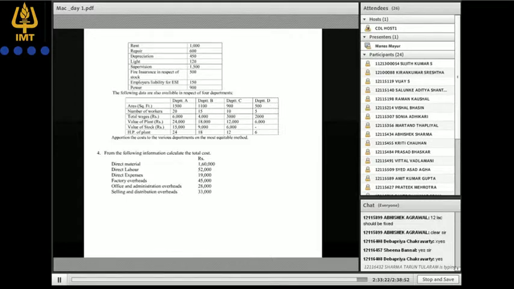You are asked to calculate the total cost using the cost sheet. Normally for those appearing in offline mode, such kind of questions come along with the preparation of cost.